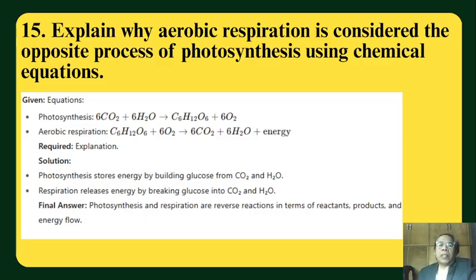In aerobic respiration, you will have 1 mole of glucose reacted with 6 moles of oxygen to produce 6 moles of carbon dioxide, 6 moles of water, and 36 to 38 ATP.